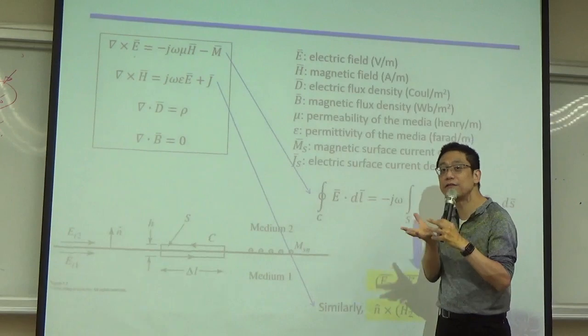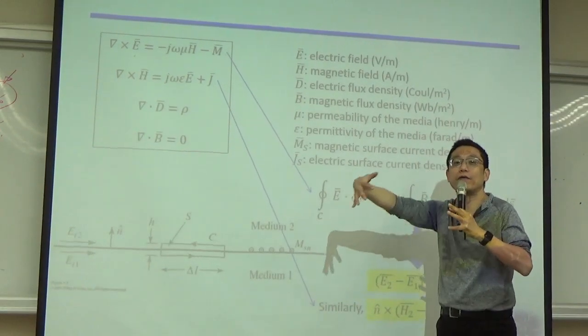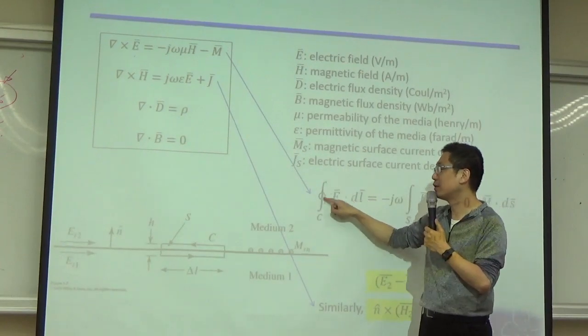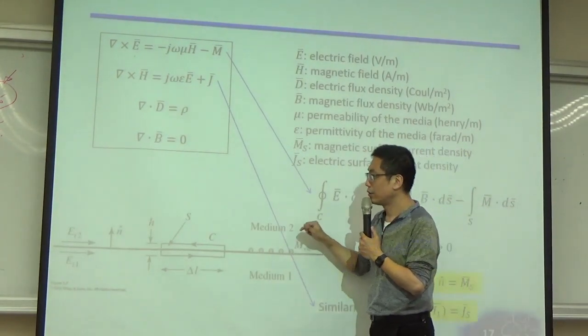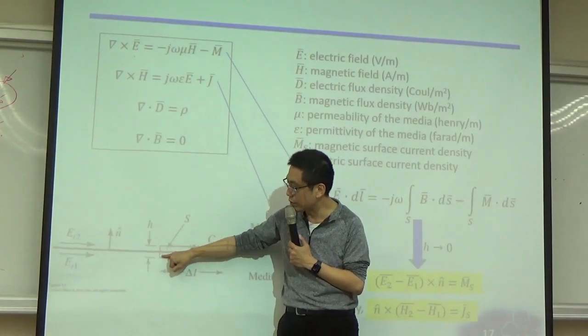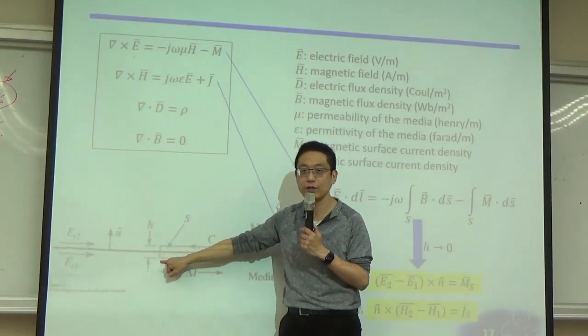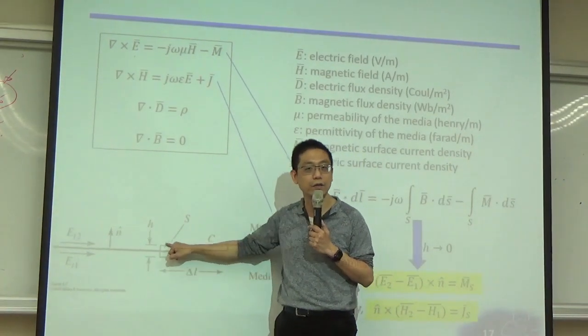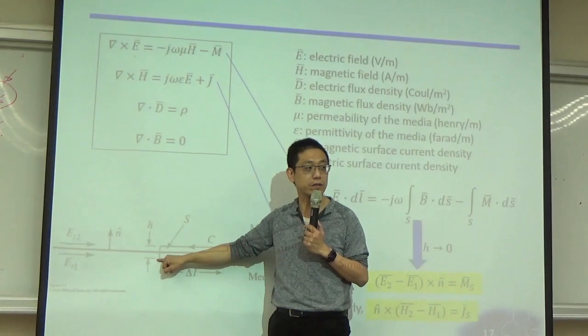Not surface. Surface we integrate everywhere on the surface. But linear is much easier. You try to put a loop. It can be a circle or rectangular, a shape. But the most important thing is it is closed. It must be closed.